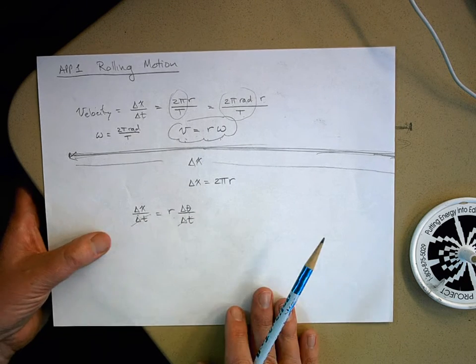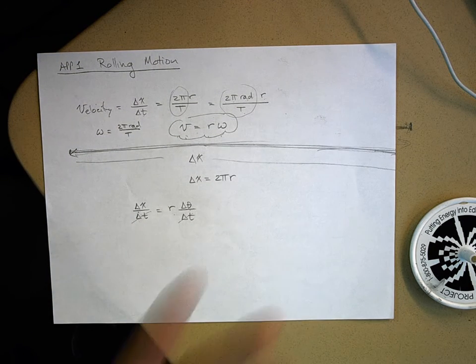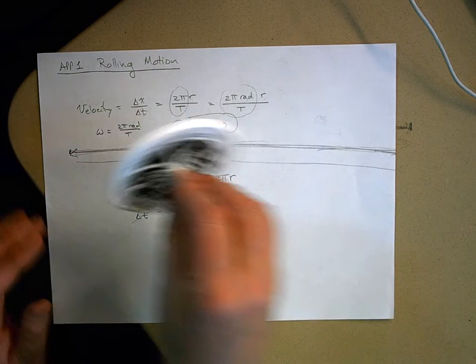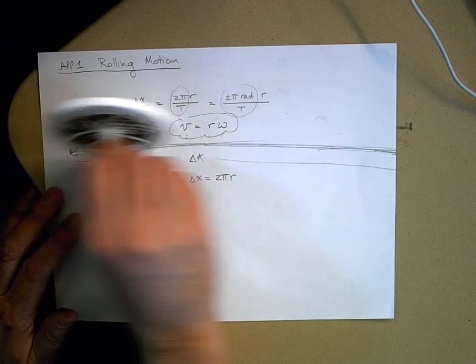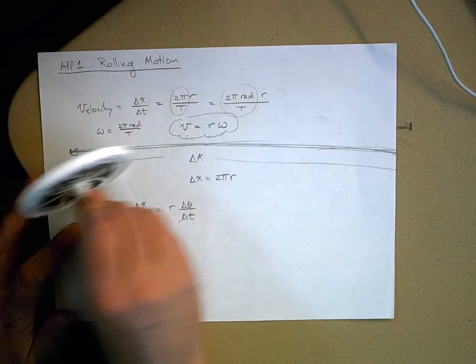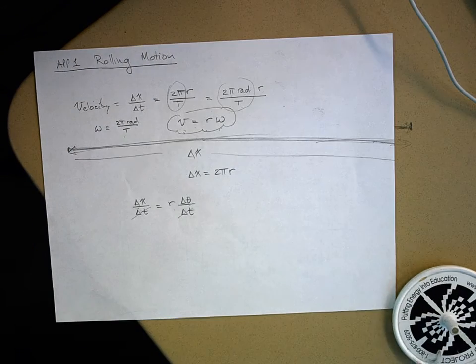Now this makes a whole lot of sense after our lecture last time, because look, this object is just unrolling its circumference over and over and over again as it rolls.